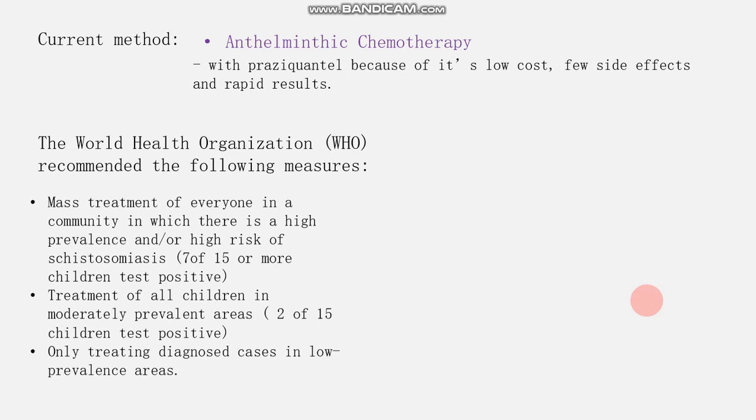It includes the mass treatment of everyone in a community in which there is a high prevalence and/or high risk of schistosomiasis, where 7 of 15 or more children test positive. Treatment of all children in moderately prevalent areas, where 2 to 15 children test positive, and only treating diagnosed cases in low prevalence areas.